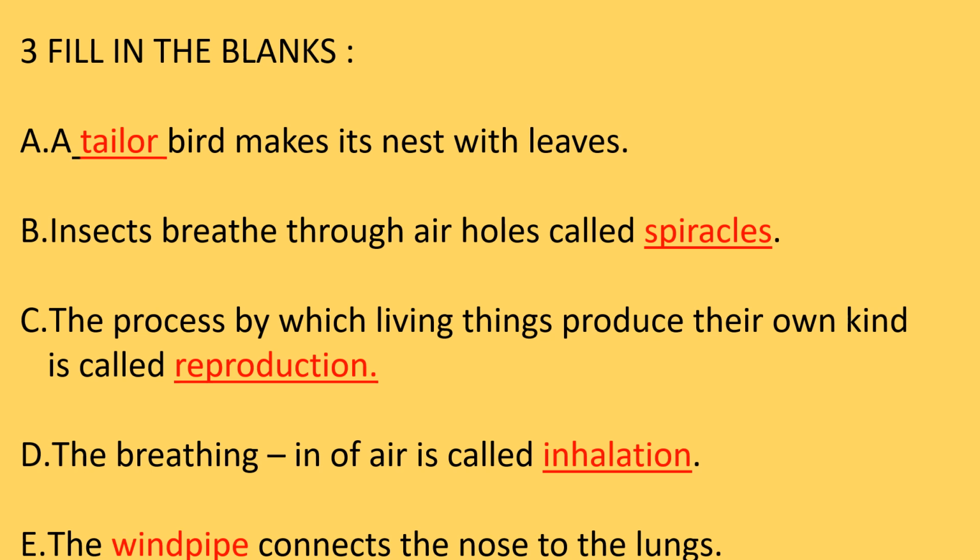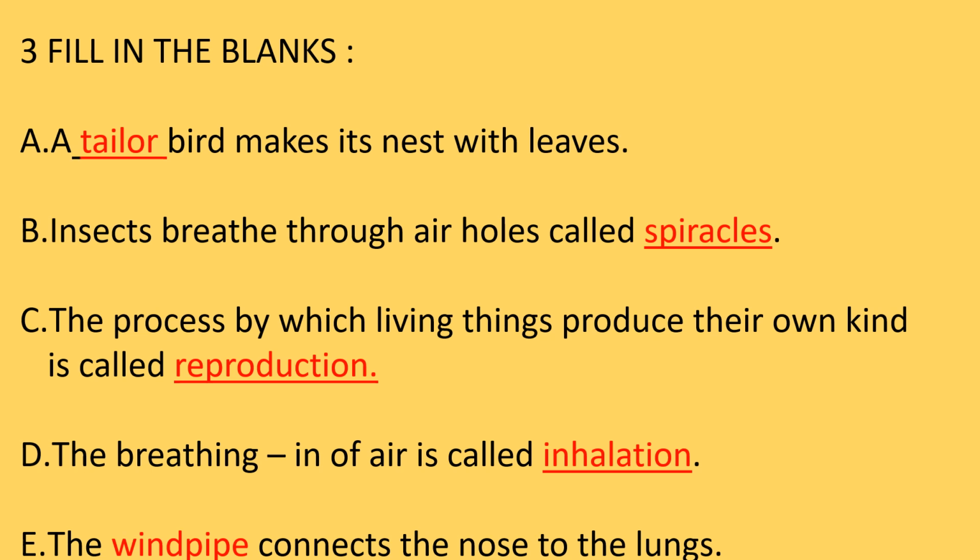Then the second question is, insects breathe through air holes called dash. Here we need to explain which body part helps insects to breathe. See, as humans we breathe through our nose, right?